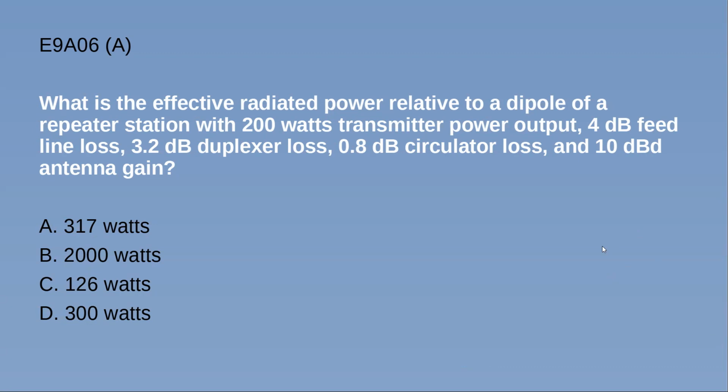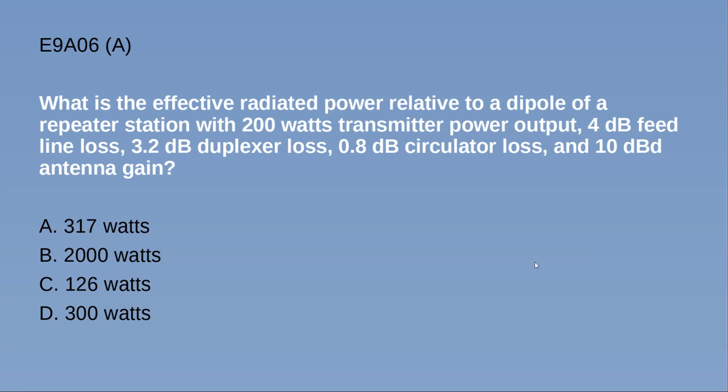They changed the numbers, work it the same way. So 200 watts, 4 dB feed line loss, duplexer loss, 1 dB. That's 7.2 dB loss, plus 0.8, so it's 8 dB loss, so you got 2 dB gain. That's alpha, 2 dB. Everybody go with alpha?